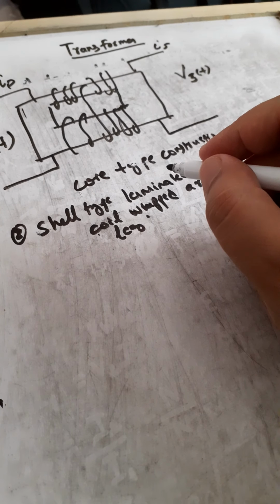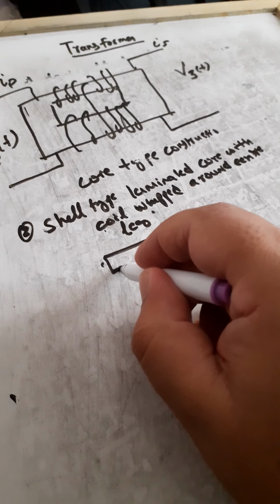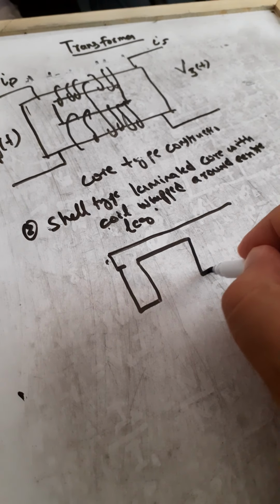Basically, these two types differ from each other by the manner in which the windings are wound around the magnetic core. In the case of a shell type transformer, you have a construction like this. You can say you have the shape of an E. Here you have it like this.